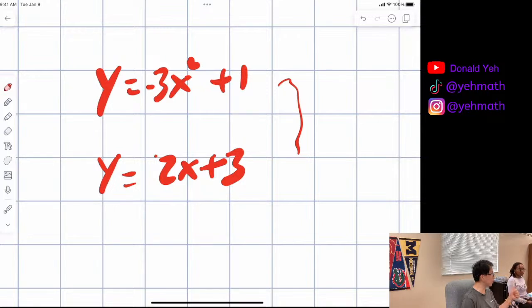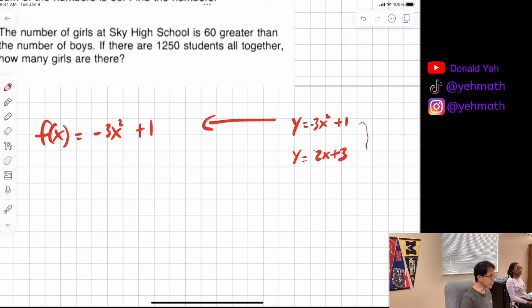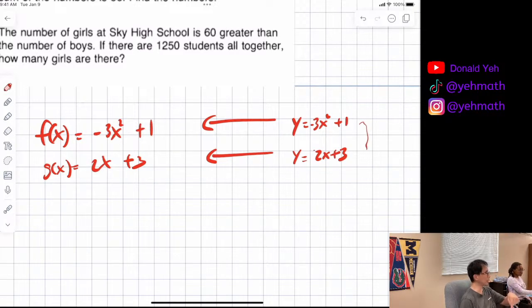So the reason you have function notation is to notice there are different functions. So instead of writing like this, I'm going to change this to call it f of x. And this second one I'm going to call g of x. So now I can tell you, hey, g of 1, then you know to plug 1 into the g rather than f. Or f of 1, then you plug 1 into the f rather than g. Does that make sense?